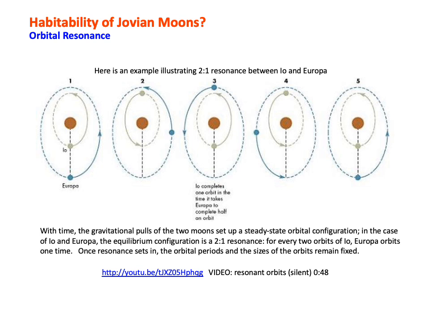And then on step 5, we see that they're both aligned again, that Io has come around, made 2 complete orbits, and now we finally have that Europa has made 1 complete orbit. And this cycle just repeats itself, 1 through 5, 1 through 5, 1 through 5.